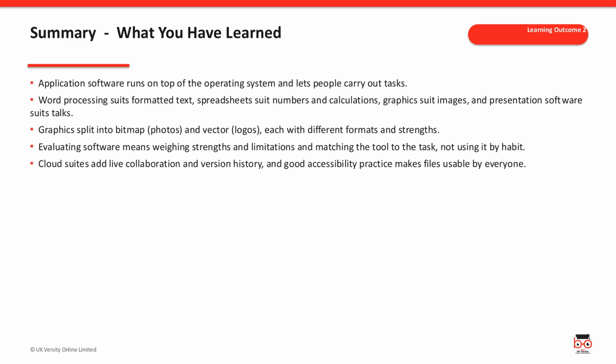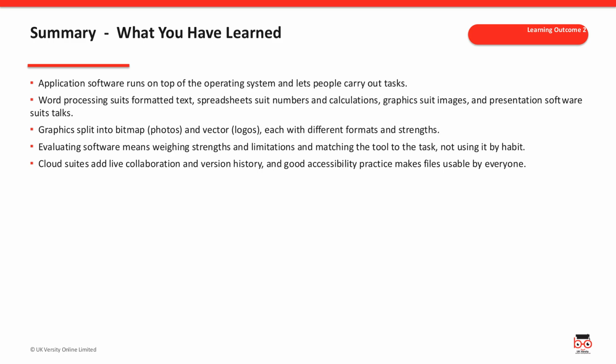Let's recap. Application software runs on top of the operating system and lets people carry out tasks, and our 4 types each have a home: word processing for formatted text, spreadsheets for numbers, graphics for images, presentation software for talks. Graphics itself splits into bitmap for photos and vector for logos.